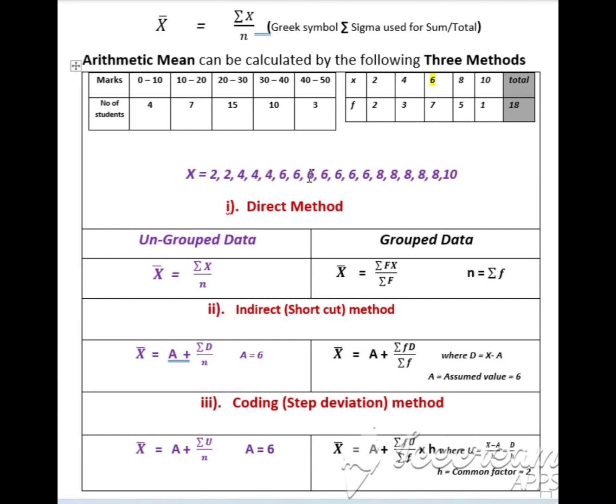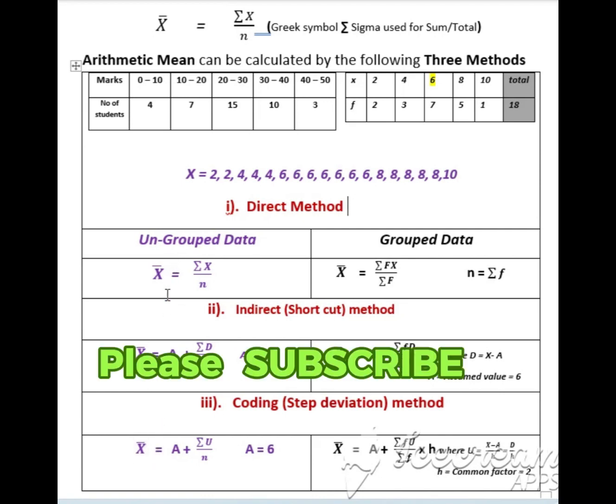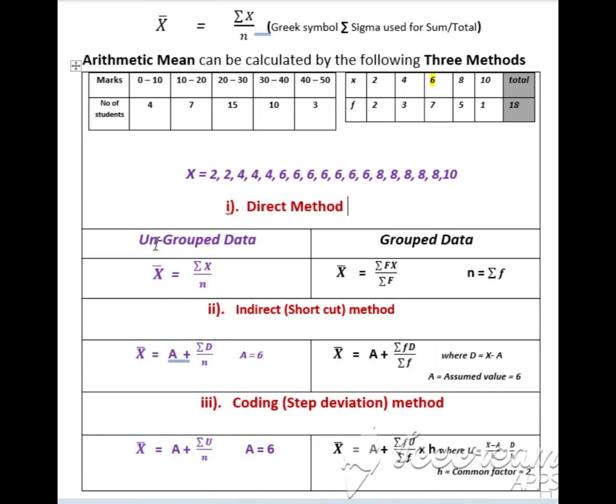The pink formulas are for ungrouped data. These three formulas are for ungrouped data and the other three, the black ones, are for group data.